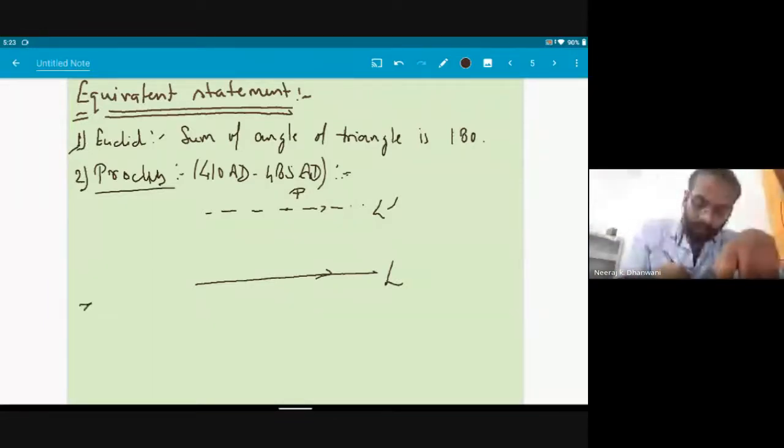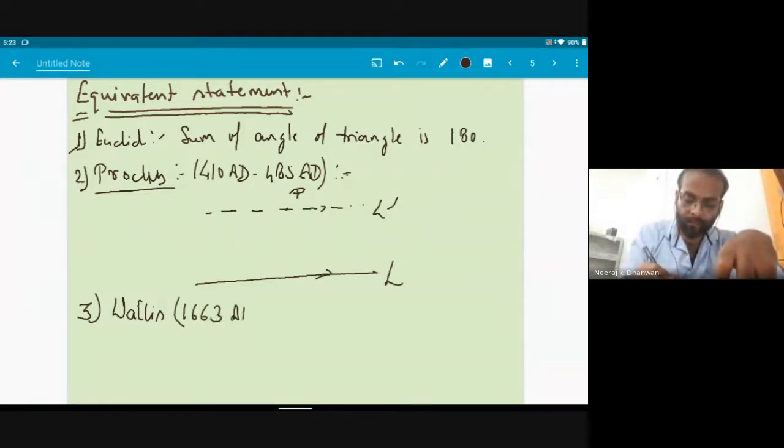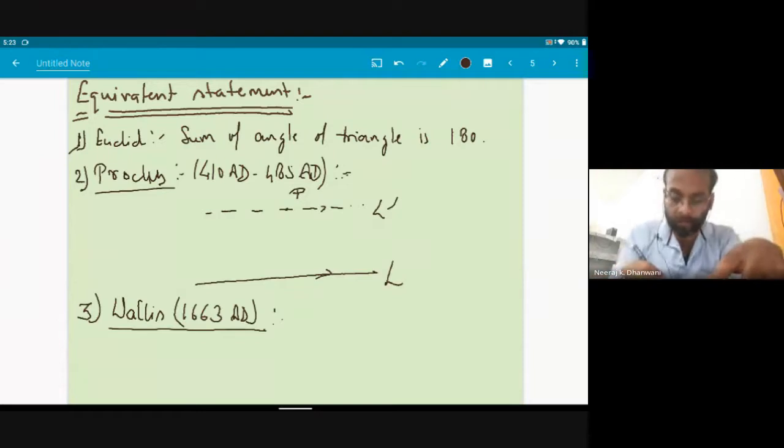The third equivalent statement was by Wallis in 1663. His statement was also very interesting.